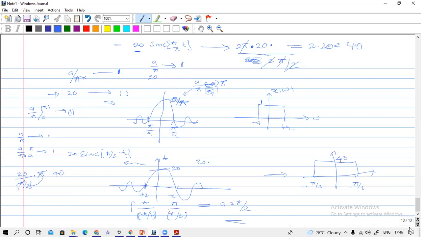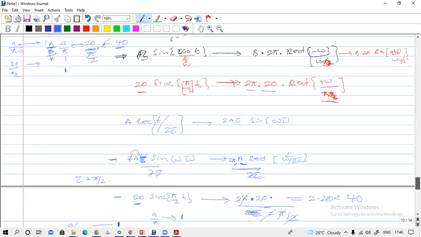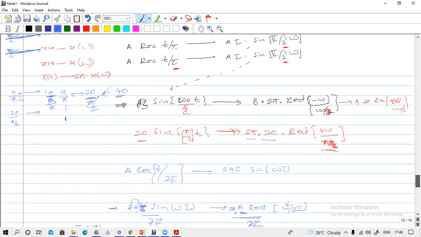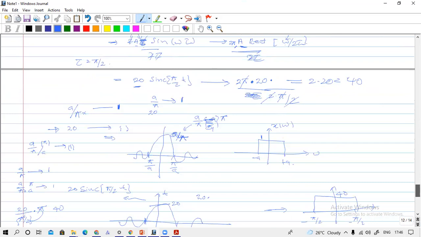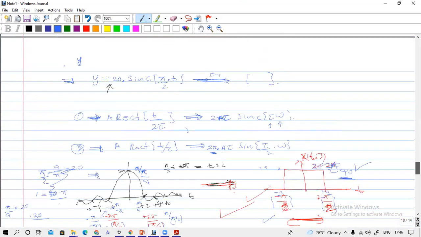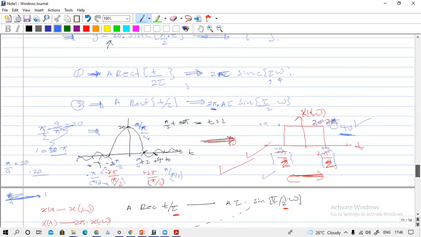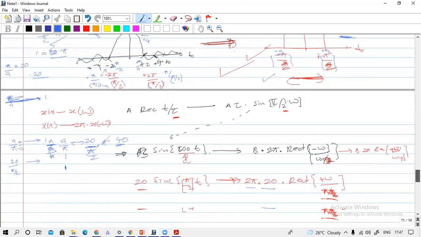And if you compare with the rectangular signal also, you can get the same value, because our signal is this one: A rect t by 2 tau.